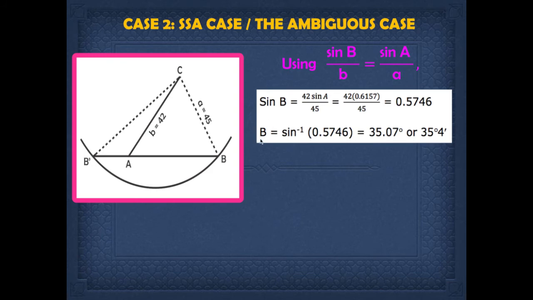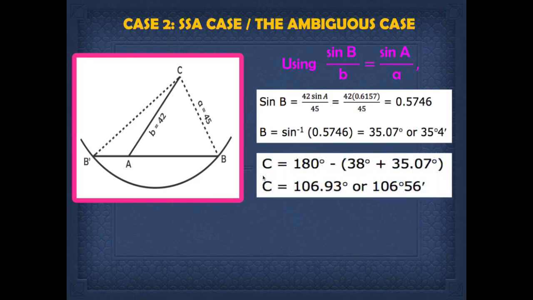Now, to solve for B, remember in our bridging lessons, to solve for the angle B here, we will use the inverse function. So B will be equal to sine inverse of 0.5746. That will be 35.07 or 35 degrees and 4 minutes.